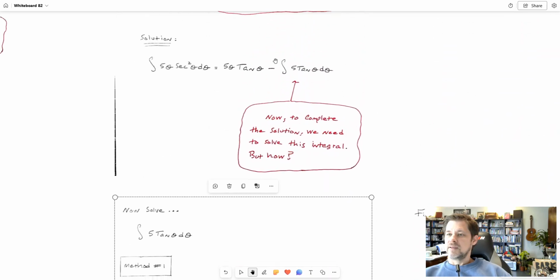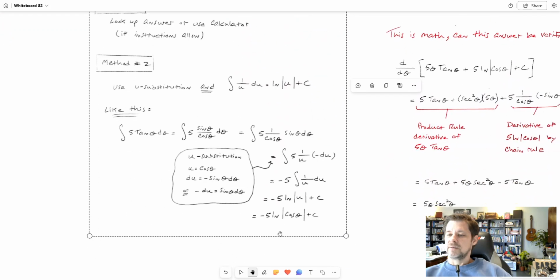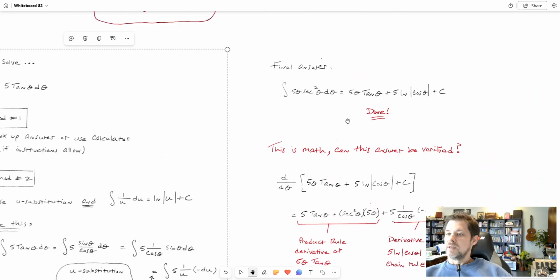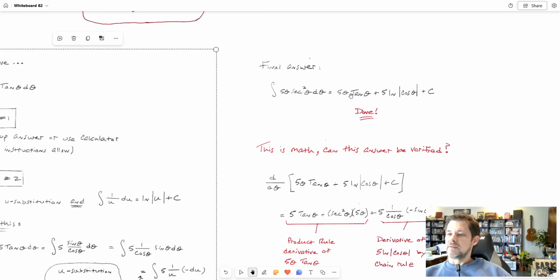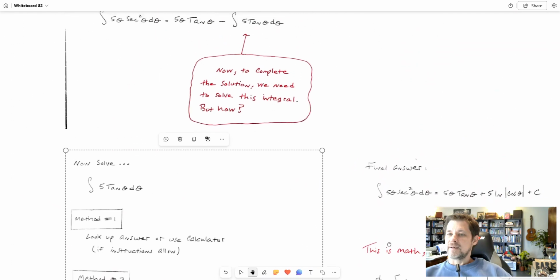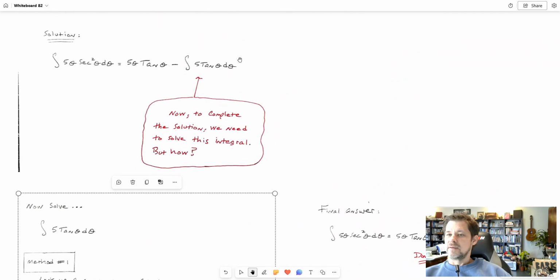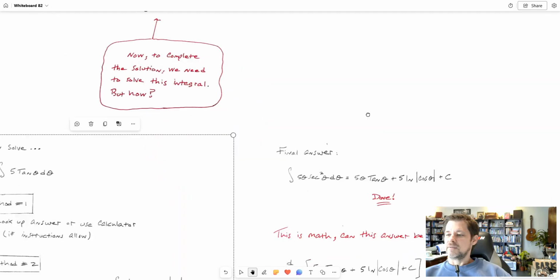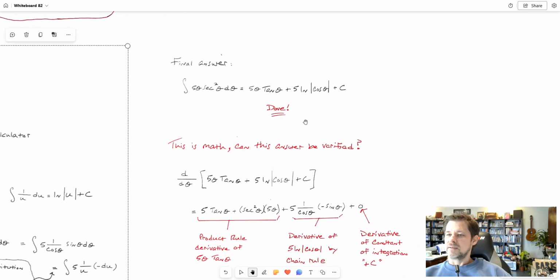This thing right here, 5 tangent theta d theta, well, that works out on its own to be -5 natural log absolute cosine. So here's my final answer with that last substitution made. Okay, in other words, take this with that part just solved to get this, and then we're done.